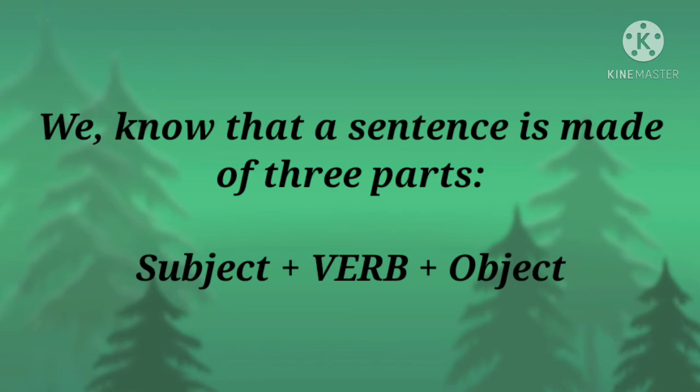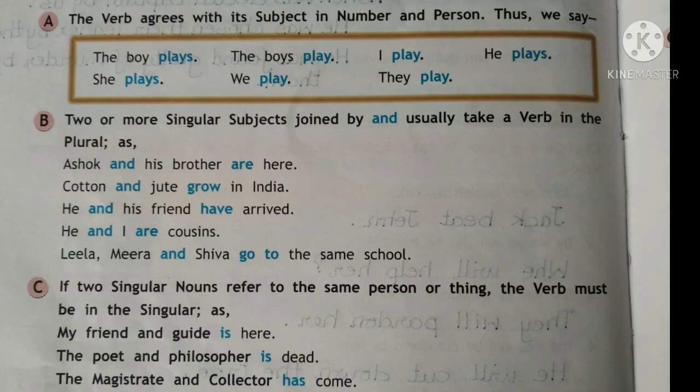If the subject is singular, there is some correction in the verb, and if the subject is plural also, there is some correction in the verb that we have to do. So, this is the agreement of the verb with its subject. Now we will learn what we have to do with the verb when it is singular or plural. The verb always agrees with its subject in number and in person.